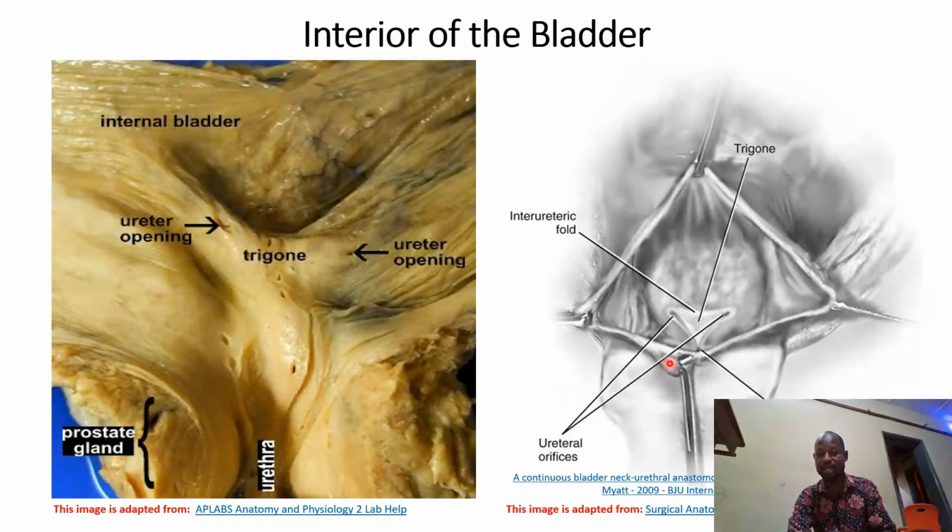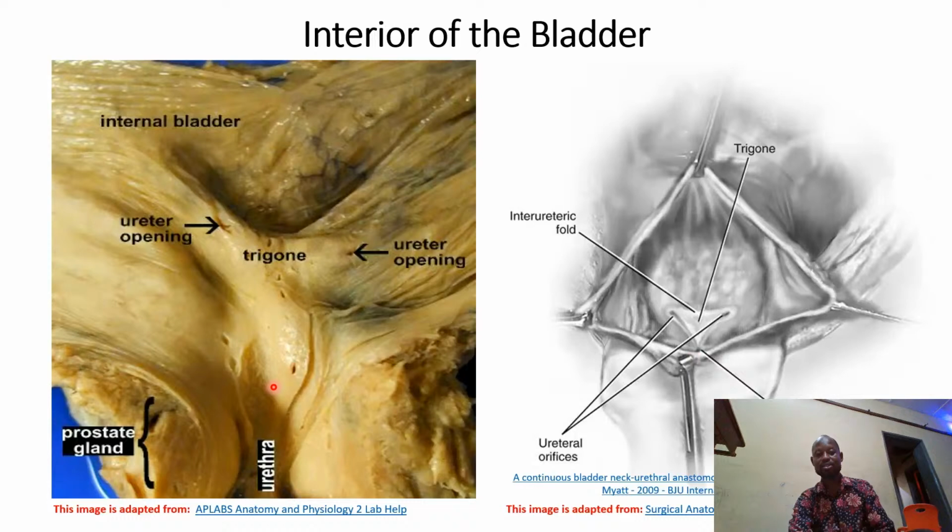With this trigone area, you have the ureters open into the upper angles, forming the ureteric fold, the upper boundary, and then at the apex is the urethra, continuing inferiorly.